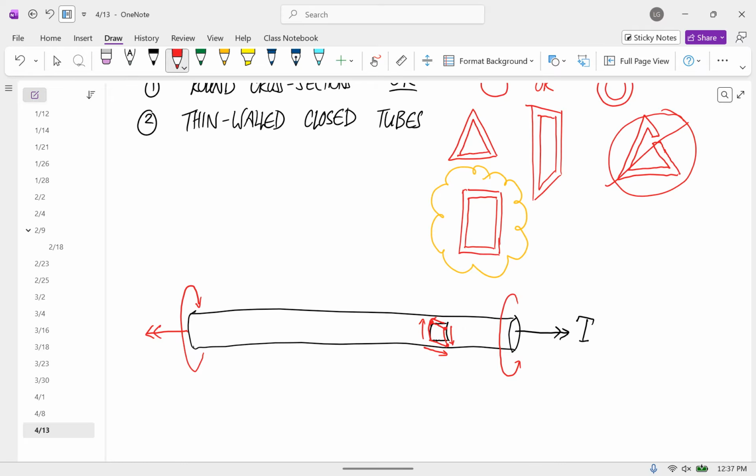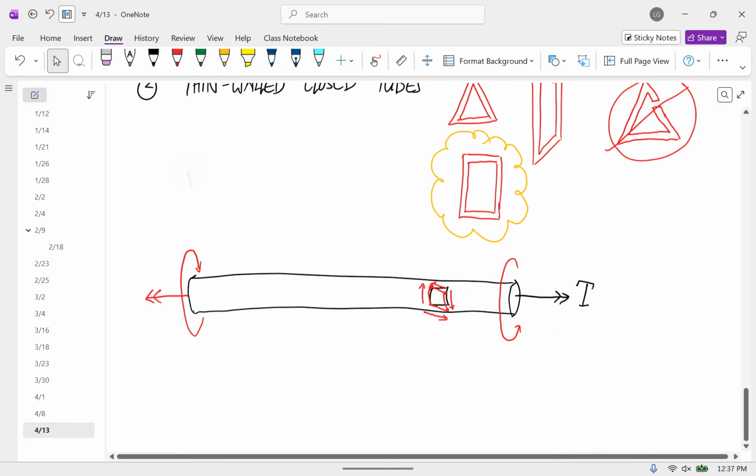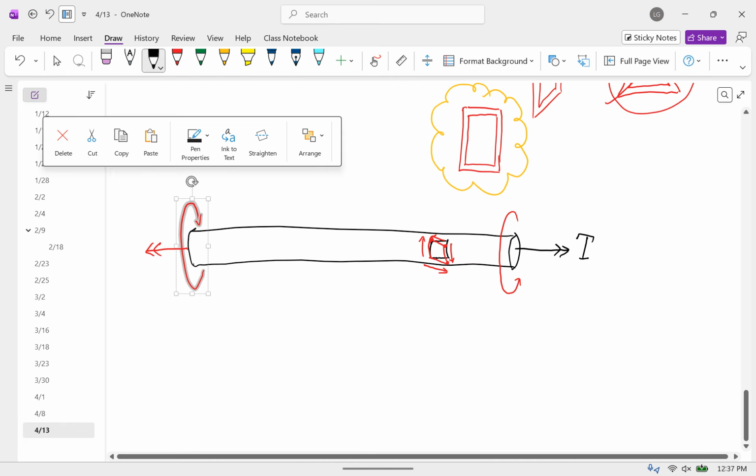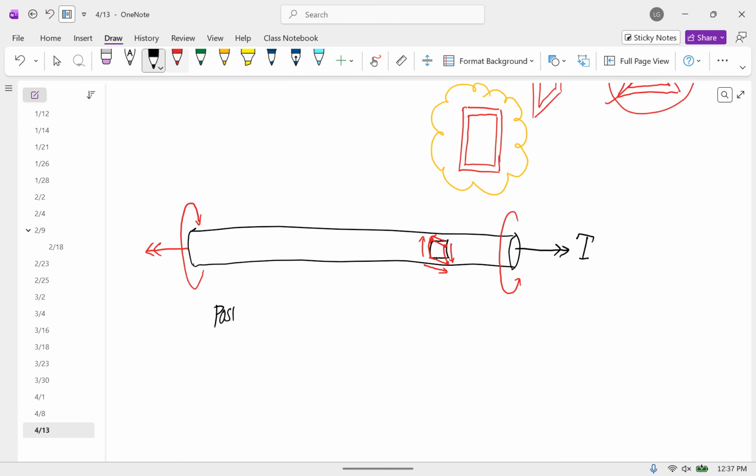So if you think about it in terms of deformation, what we can figure out here is that a positive internal torque T leads to, think about the coordinate axes here, a negative tau x, y.